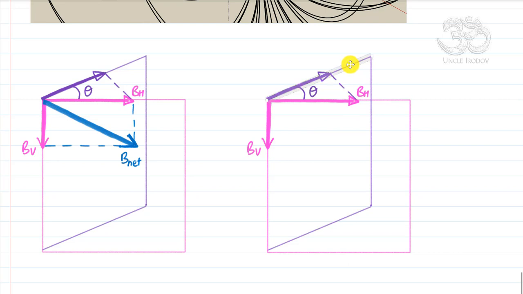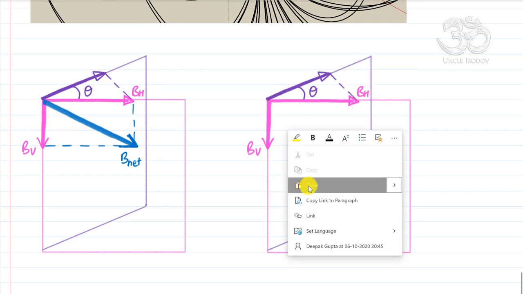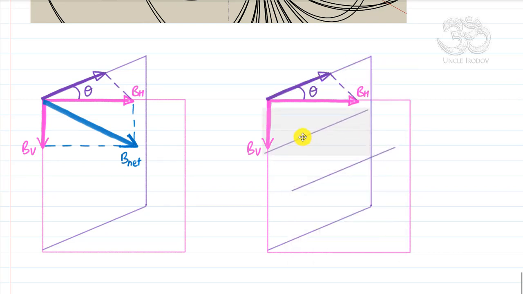He will draw this line like this, and then he will probably draw this line like this here, and let me remove certain portions of these lines.